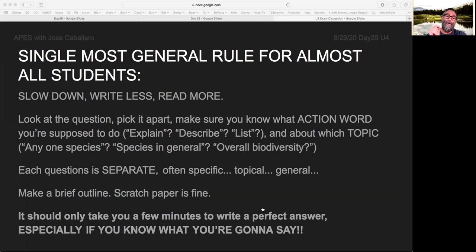Remember that each part of the exam is separate in the free response. So A, B, C, and D are separate questions.